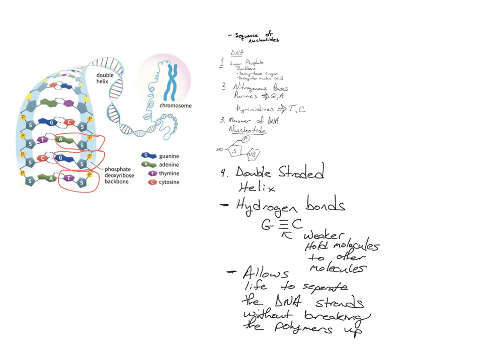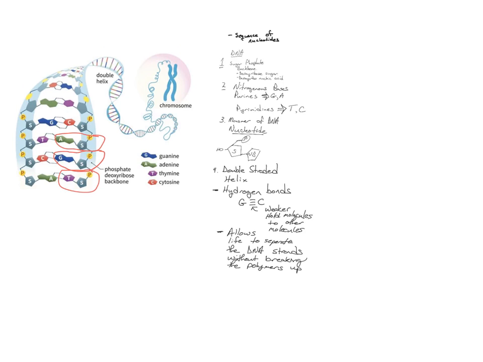So I can take this strand, this polymer, and this polymer here, and I can separate them by breaking the hydrogen bonds without breaking up the covalent bonds that hold the polymer together. So this DNA sequence, this code, can stay together, and so can this one, even though I separate them. That way I can read them. In order to read what's inside here, I have to be able to open them up, unzip the ladder, if you will.